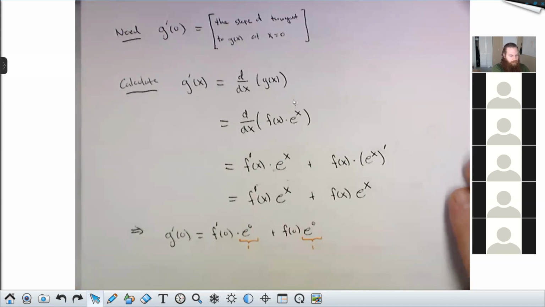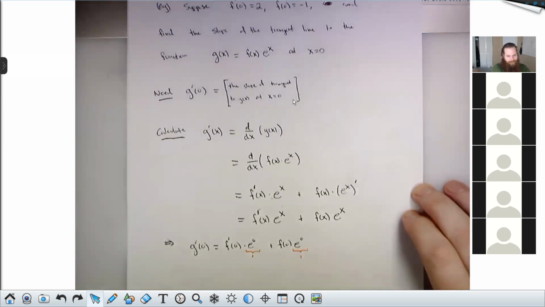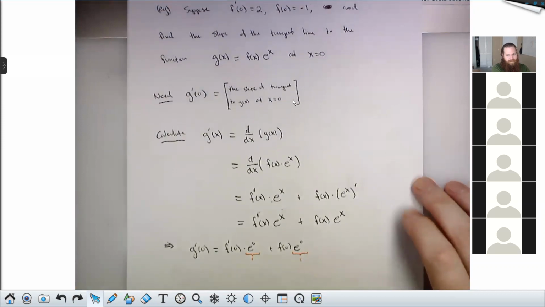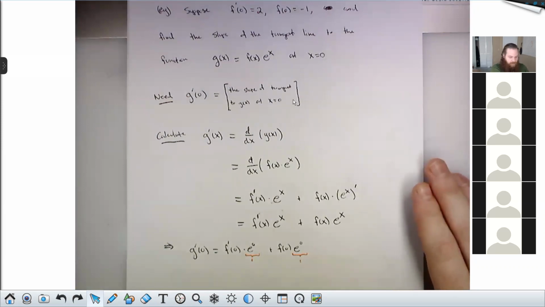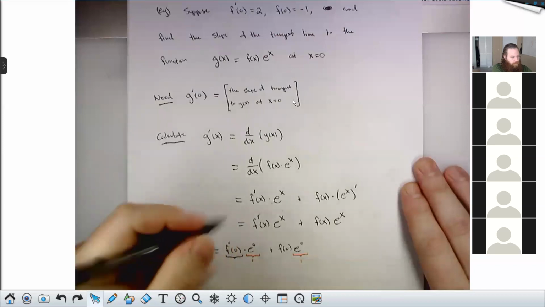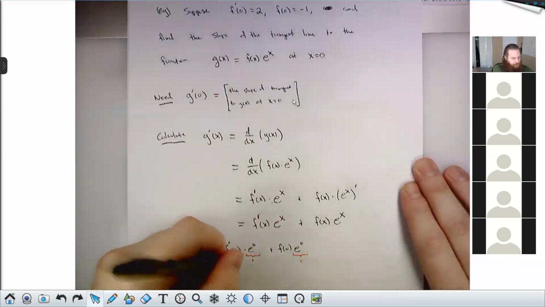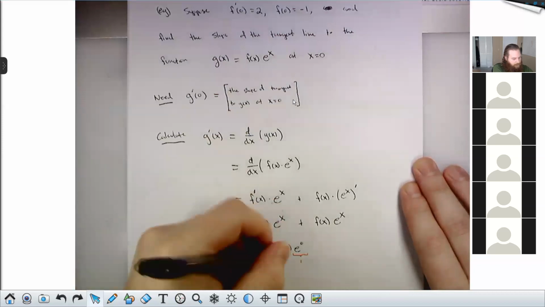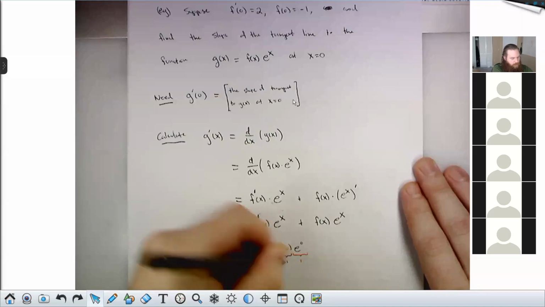Now for the f primed of 0 and f of 0, go back to the top where we've been given f of 0 and f primed of 0. Exactly. So this is why you see me zooming out here. We're zooming out so that we can see what is f primed of 0 and what is f of 0. So f primed of 0, I was told is 2. And f of 0, I was told is -1.